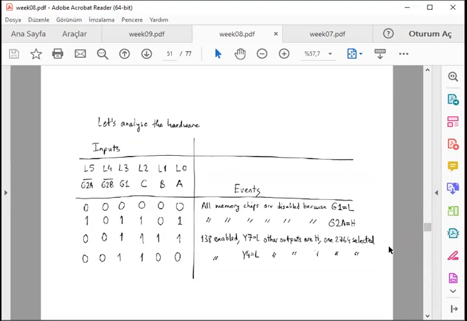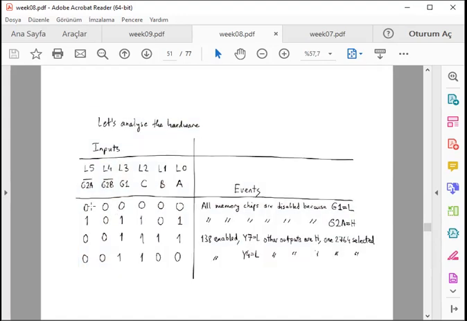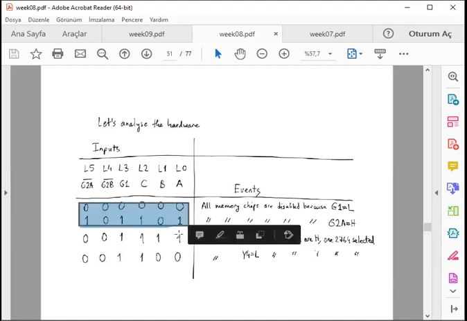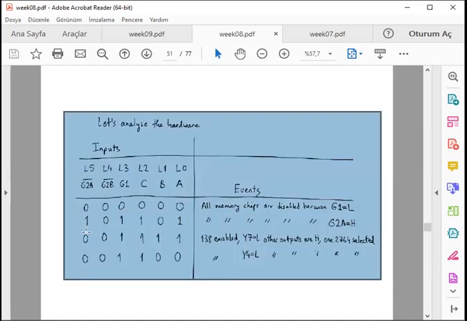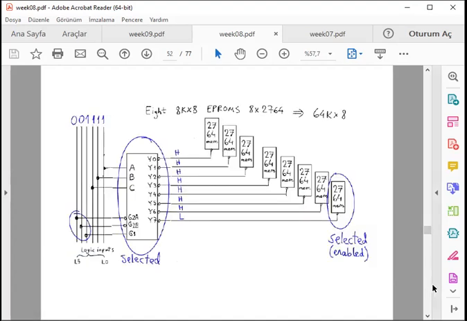So this is a truth table of the device. The first left 3 columns are enabling pins. Any non-good combination makes the chip disabled, but this 001 combination makes it enabled. We have some examples.